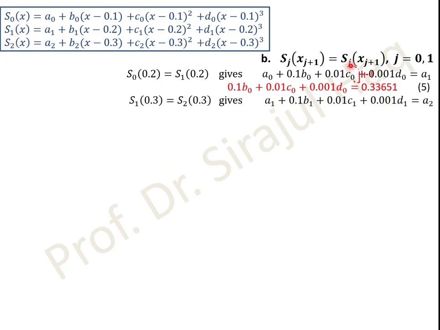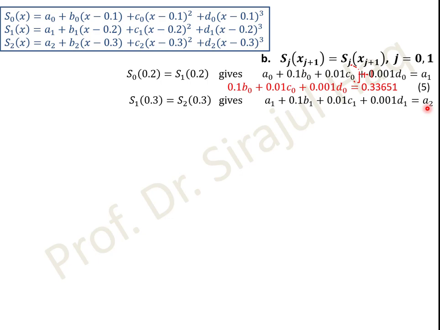When you replace j by 1, this is S1 and this is S2. When you replace x by 0.3, you can see that this portion will become 0 and you will be left with A2. That's the reason you can see A2 on the right hand side of your equation.